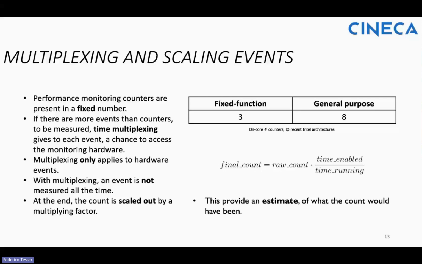The final count of an event is given by the raw count on the counter that you have, multiplied by the ratio of the time enabled to the time running.